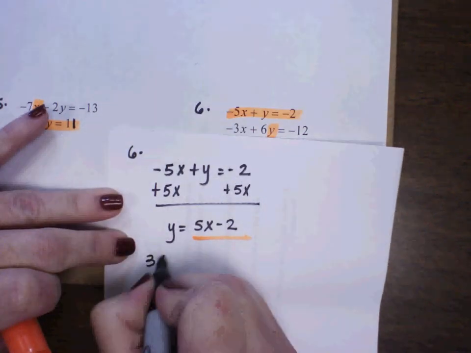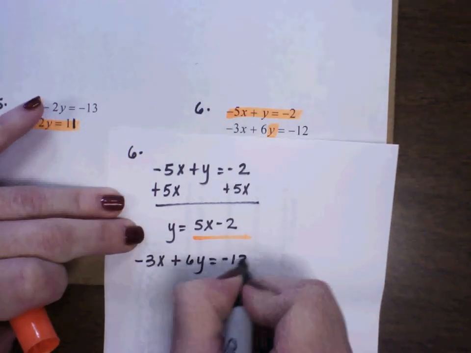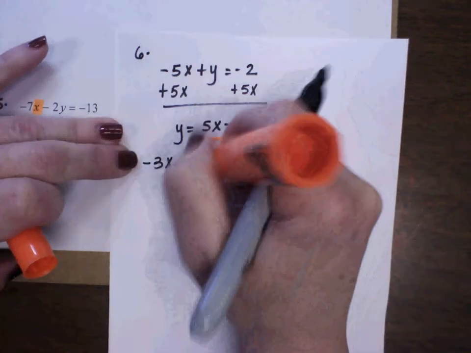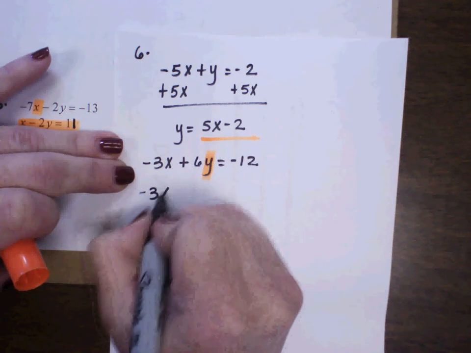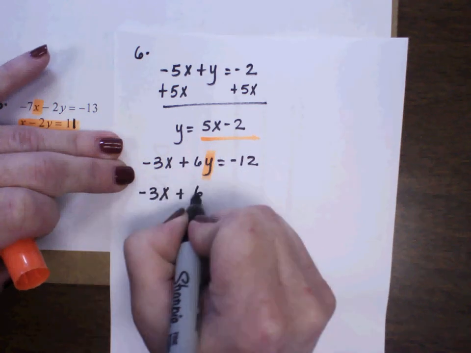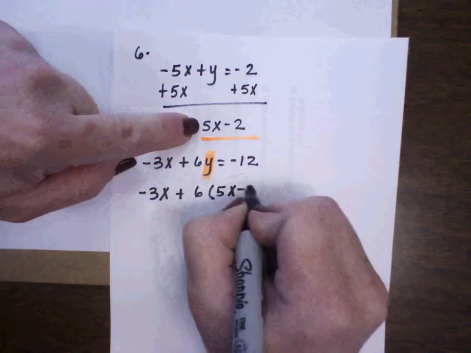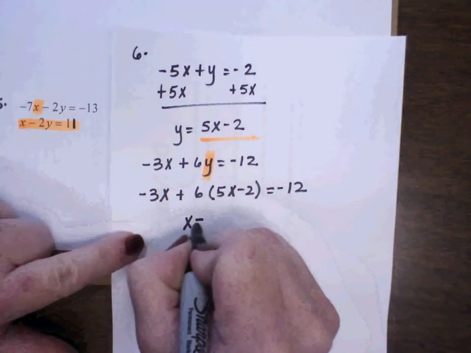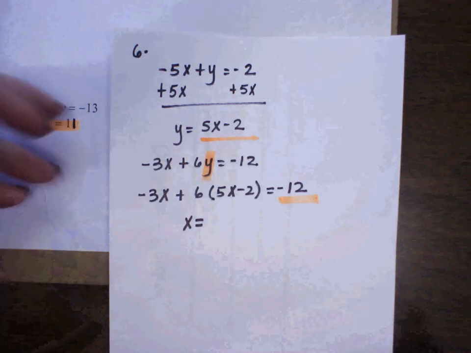So that one would be negative 3x plus 6y equals negative 12. So now I'm going to place it in here. And I'm solving for x, not for y in this one. Negative 3x plus 6, and then open parentheses and substitute what y is. Now I'm looking for x, and I will most definitely go to the equation solver and do my thing.